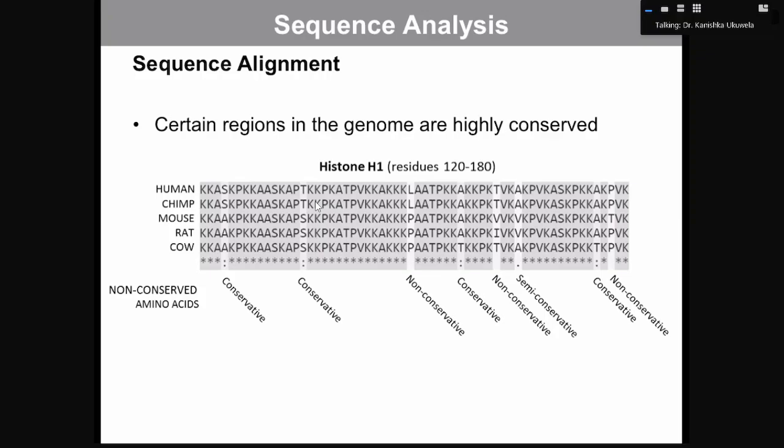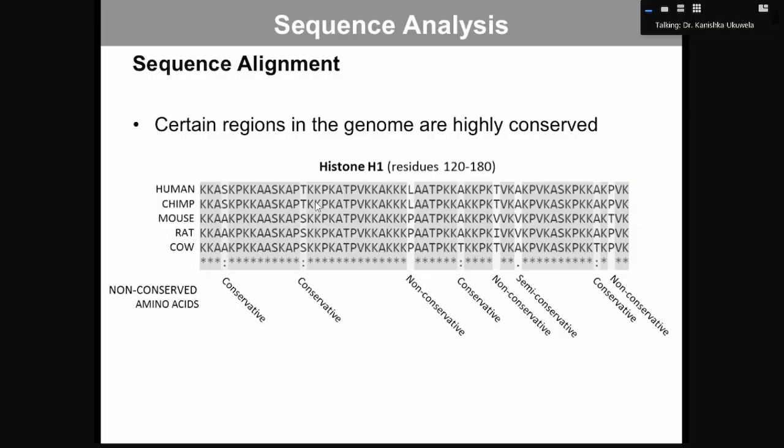nucleotides 120 to 180 in the histone H1 protein of humans, chimpanzees, mouse, rat, and cow. You see, even if these organisms evolutionarily separated long periods ago, there are certain regions of the genome, in this case protein coding sequences, which of course come directly from DNA sequences, where there is so much similarity, and certain areas where there are so many differences.